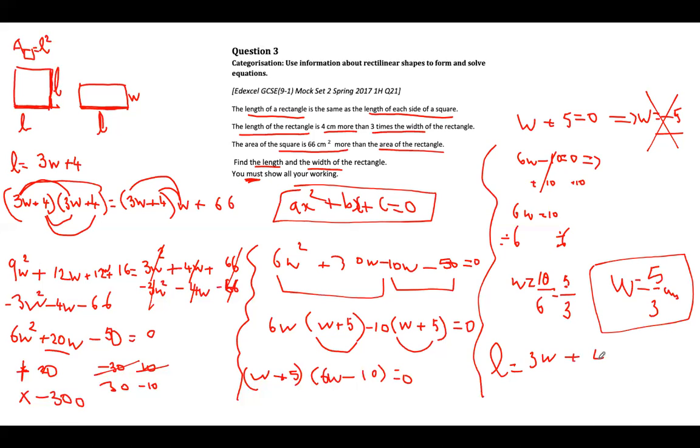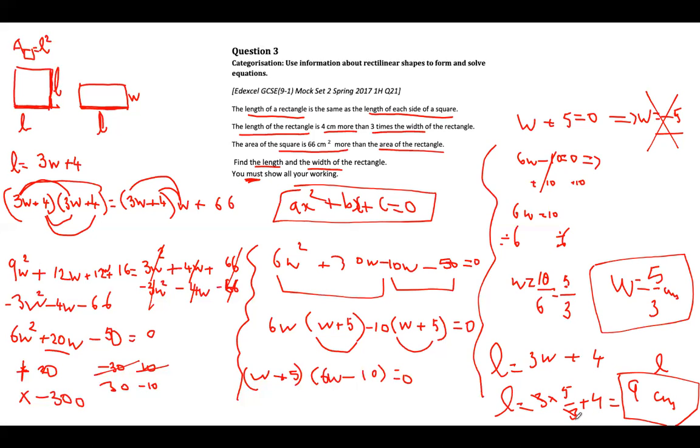Length equals 3w plus 4, so 3 times 5/3 plus 4. Cancel the 3s out, equals 9 centimeter. And this is the length, L equals 9 centimeter. Let's have a look at the question again.